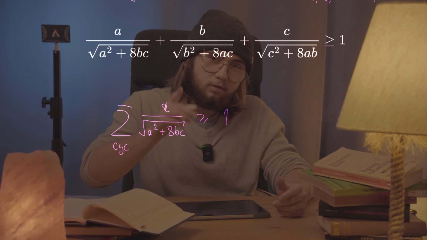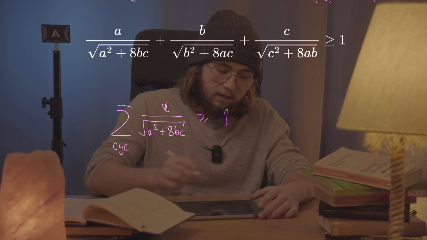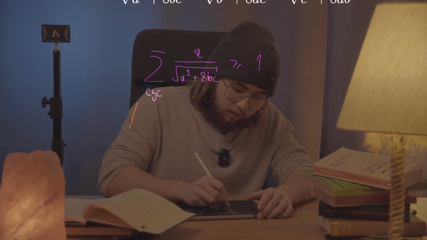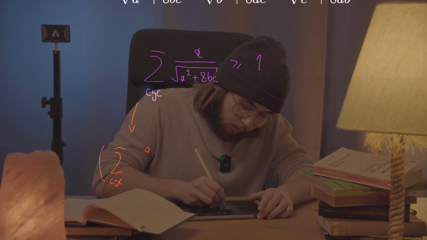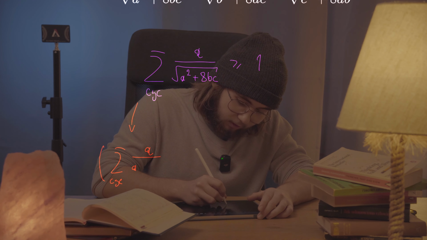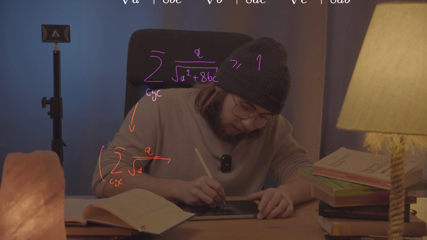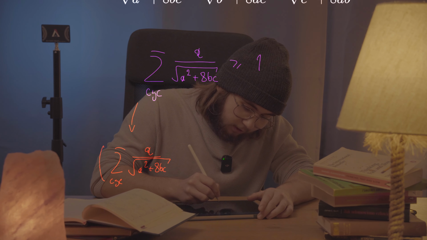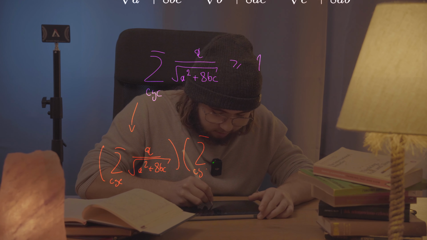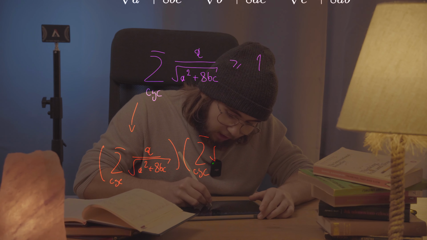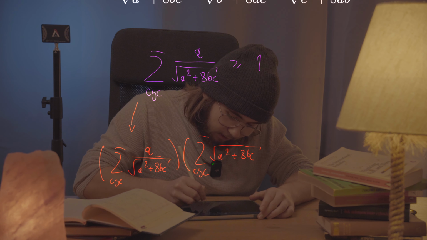And actually, I could use Hölder's inequality to do it. Let me just rewrite it right here. I'm going to parenthesize this cyclic sum of a over the square root of a squared plus 8bc. Now I'm going to multiply it by the cyclic sum of just the square root of a squared plus 8bc.